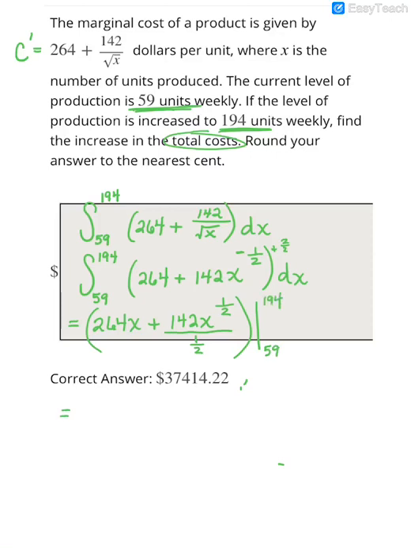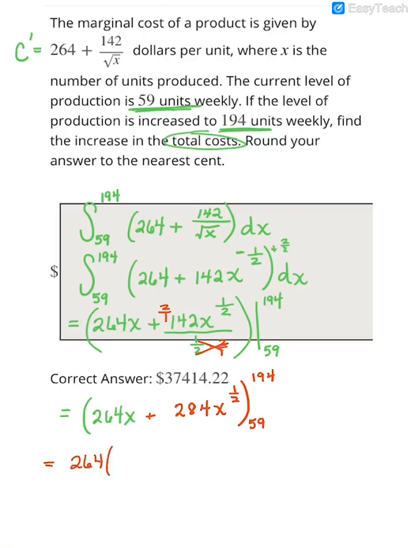So now let me simplify. 264x. Dividing by 1/2 would be the same thing as multiplying by 2 over 1. So up here we do the same, and that would become 284 times x to the 1/2 power. And then evaluate from 59 up to 194. So remember, you actually plug in the 194 first.